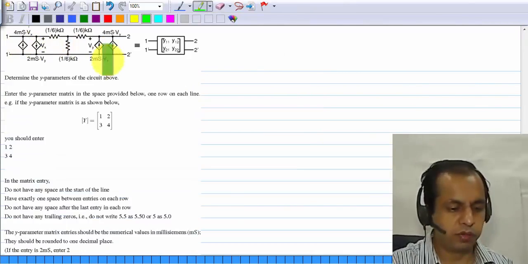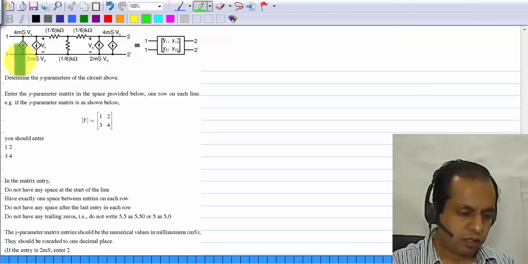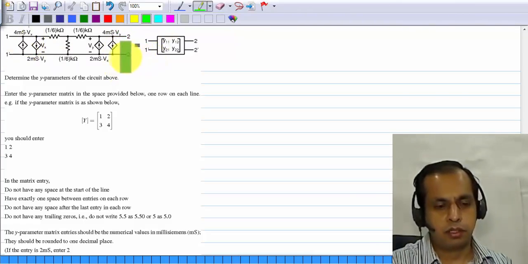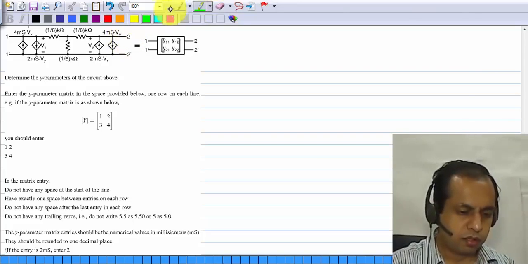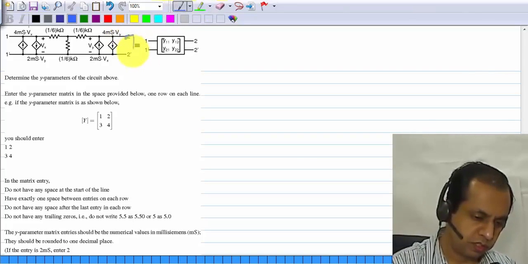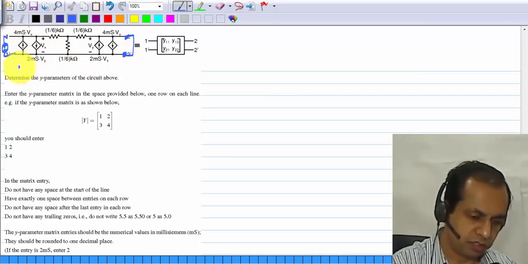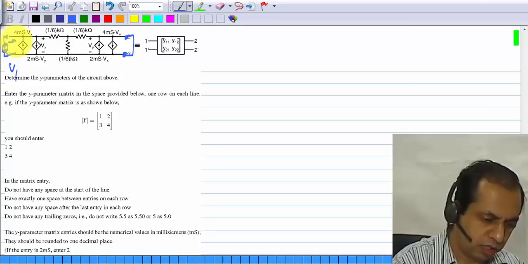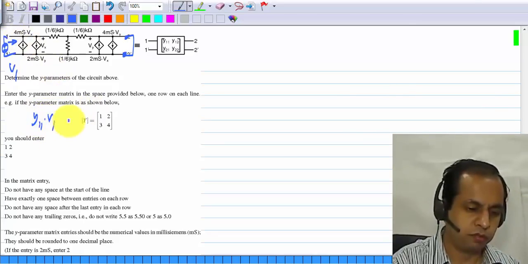The next question: you are given some circuit with controlled sources, and you have to find the Y parameters. Now what you have to do is, first you short circuit port 2 and apply V1. The current that flows there is Y11 times V1.